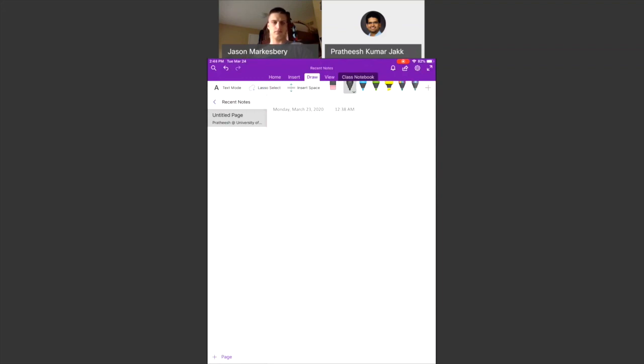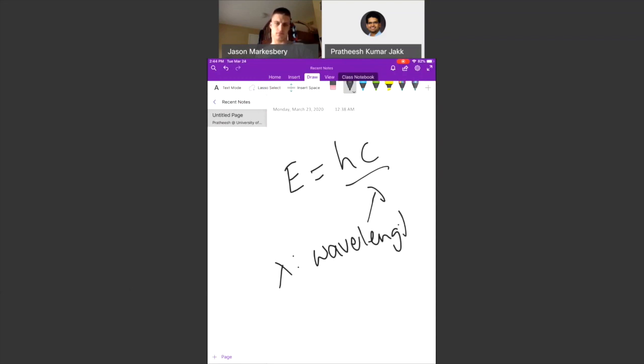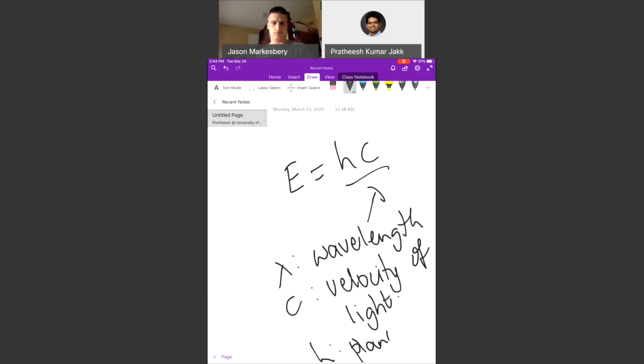So we have that E equals hc over lambda. Lambda is wavelength. c, velocity of light. h, Planck's constant.